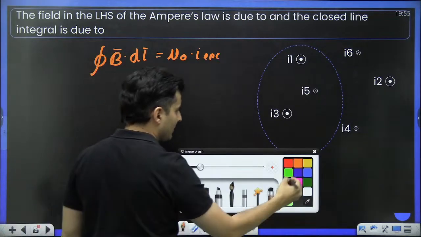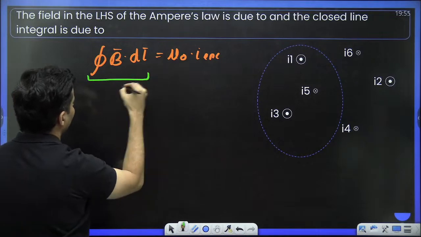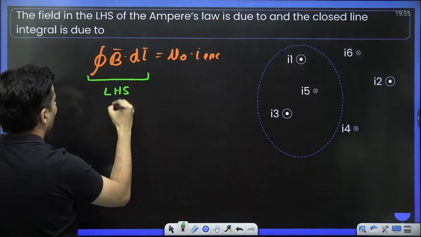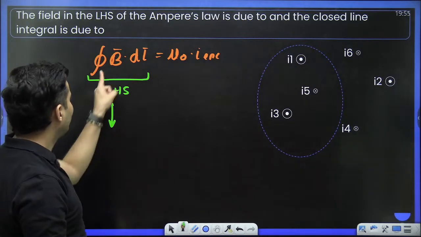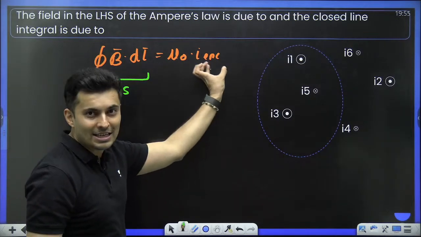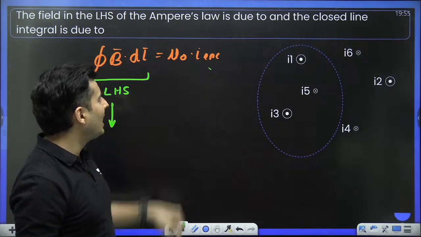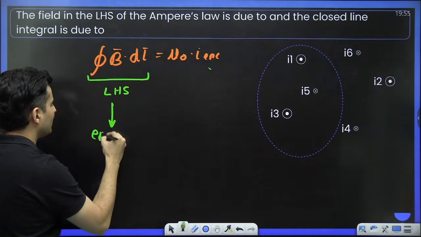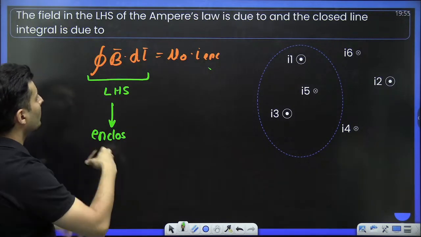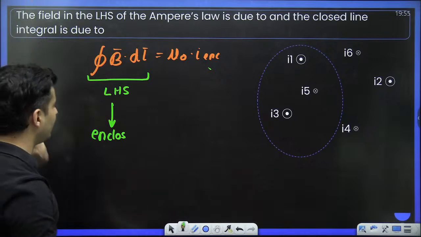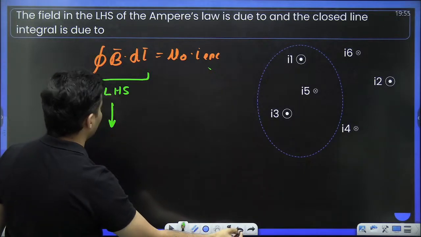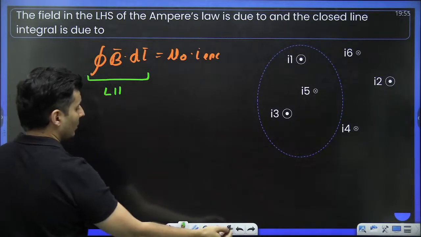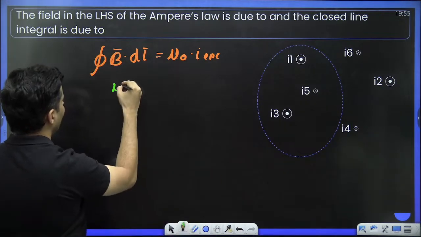So the LHS, what does it depend on? The LHS integral depends on the RHS, obviously, and the RHS has only I enclosed. So it only depends on the enclosed current. But they are asking what the field on the LHS depends on.